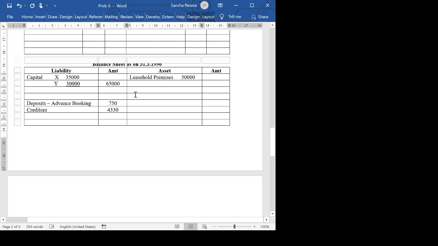Leave a line for the other fixed assets 1, 2, 3, 4. Cash at bank 22,710 and cash in hand is 330.